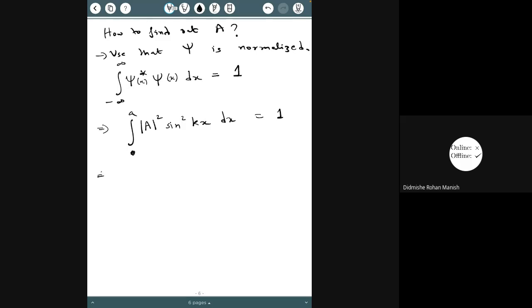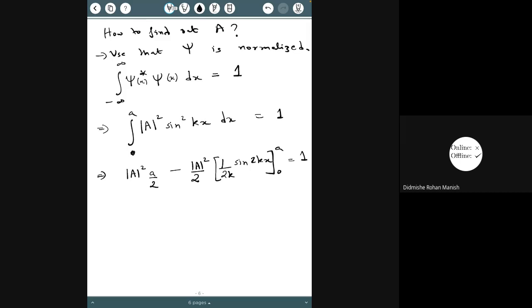And you end up with mod A square a by 2 minus mod A square by 2 times 1 by 2k sine 2kx, from 0 to a, is equal to 1.